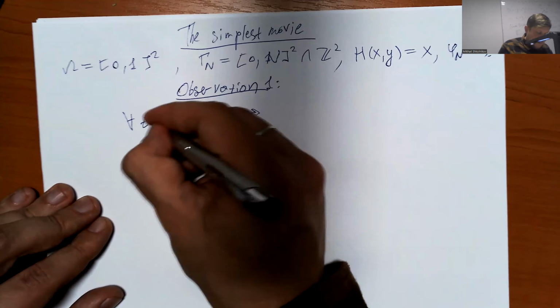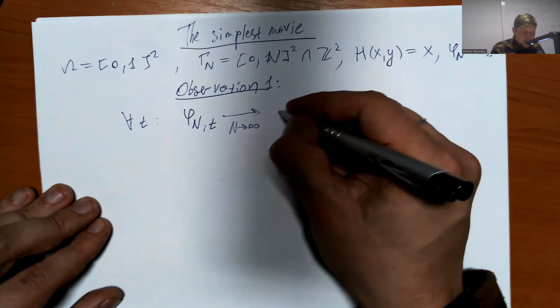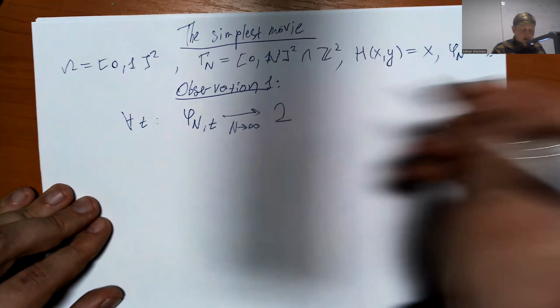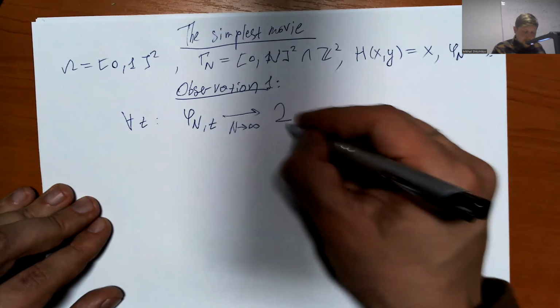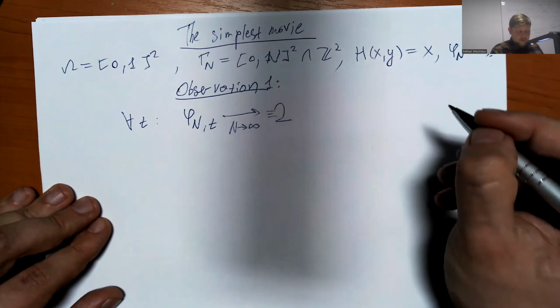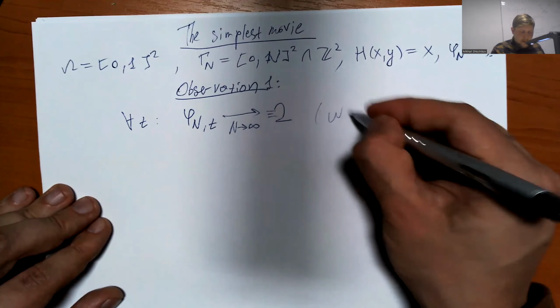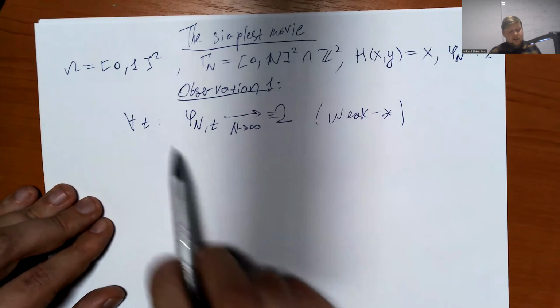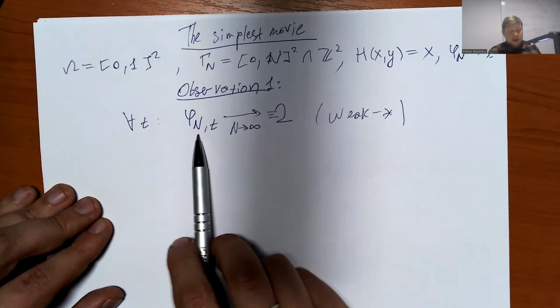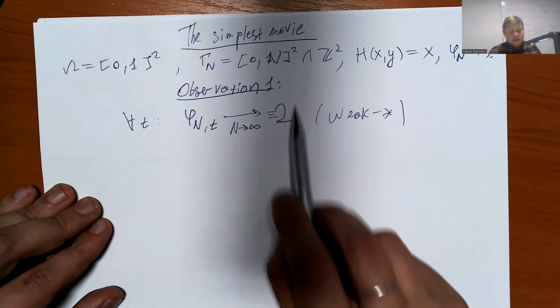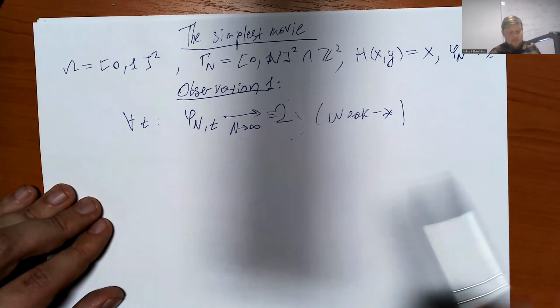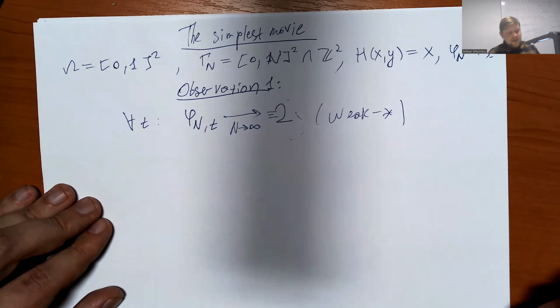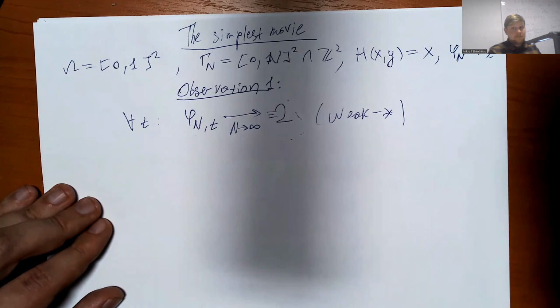So for all t, it simply converges to just 2, a function which is identically 2. And this is kind of disappointing. It means that your movie becomes a blur of colors which average to simply a single color, which is 2, green.